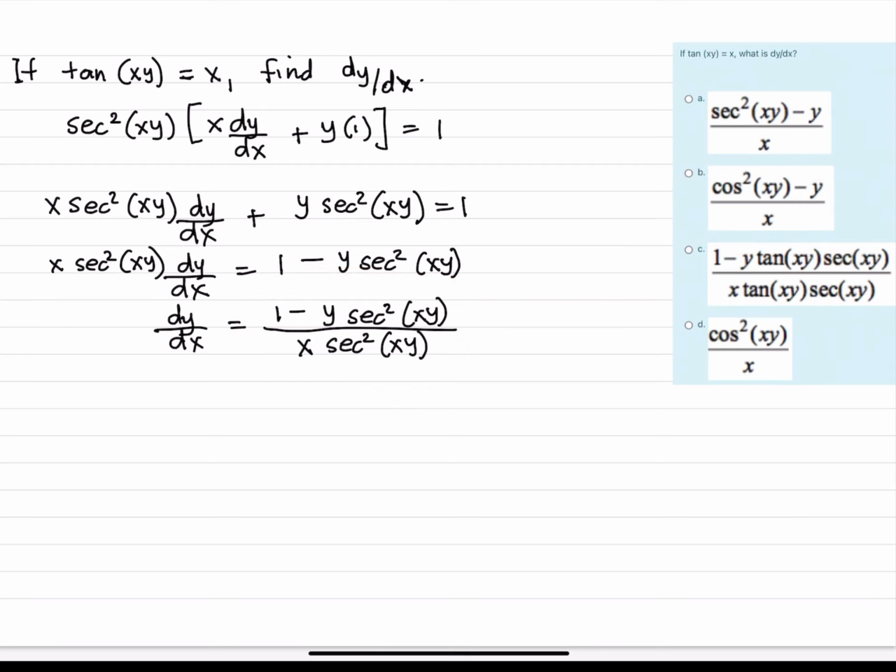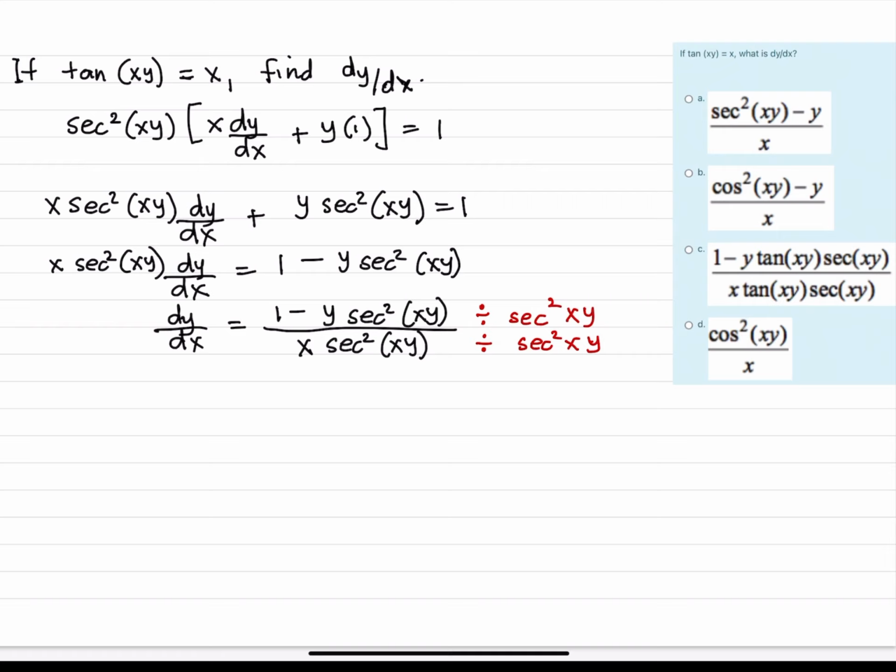Now we try to divide both numerator and denominator by secant squared xy. Okay, so let's divide the numerator by secant squared xy and also the denominator by secant squared xy. Are we changing the original fraction? No, because this is just the same as multiplying by 1.